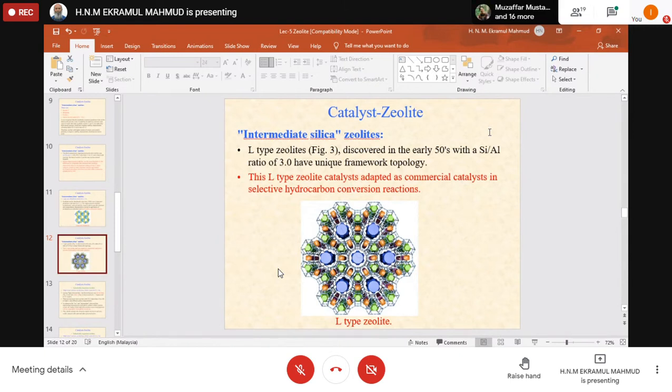If it is too acidic, we can make it moderate, which means not too acidic, not too basic, but a good in between, which can be found very good for catalytic cracking of hydrocarbon into gasoline, into various pure chemicals. So we can tailor the properties based on the synthetic conditions.